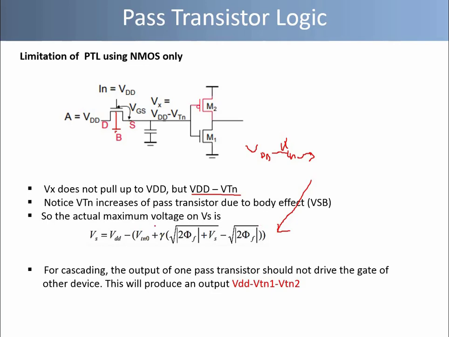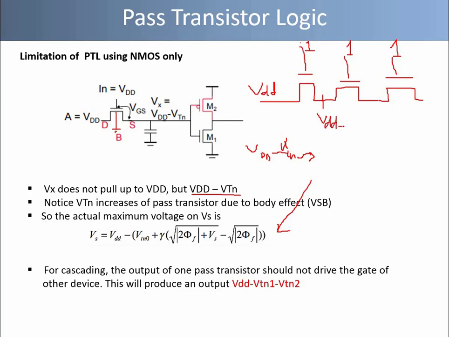So if we have a cascade of 3 NMOS pass transistors and we apply VDD at one end and a high voltage on all of their gates, then the maximum voltage at this point would be VDD minus VTN1.